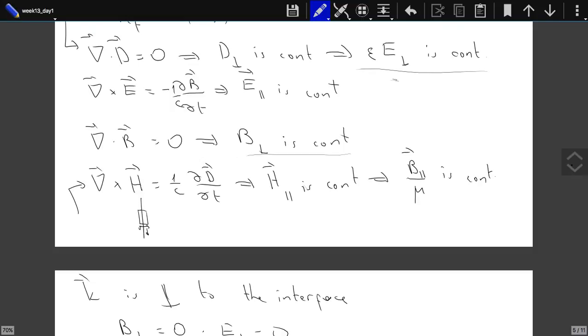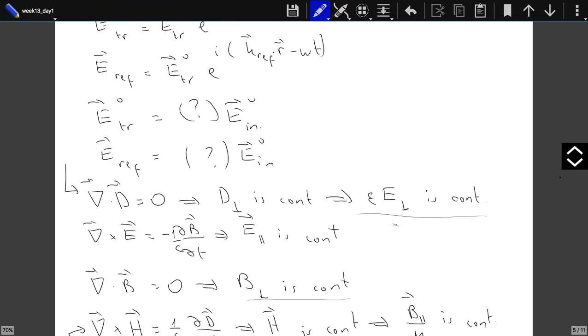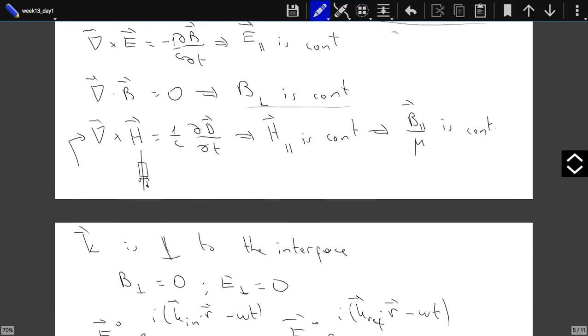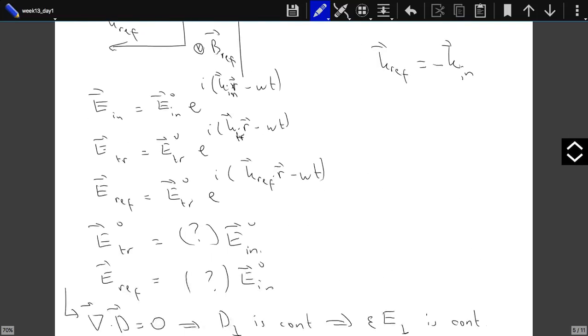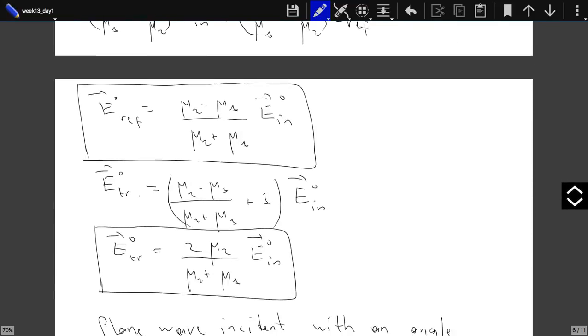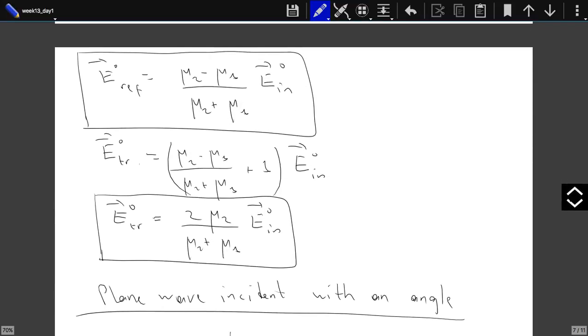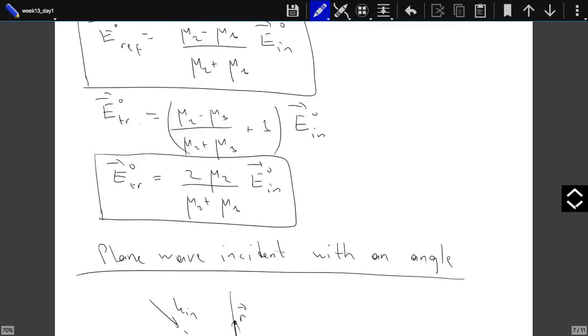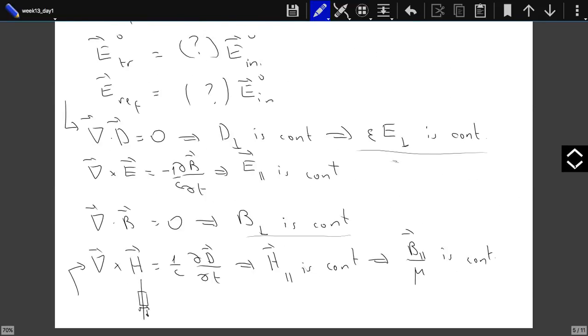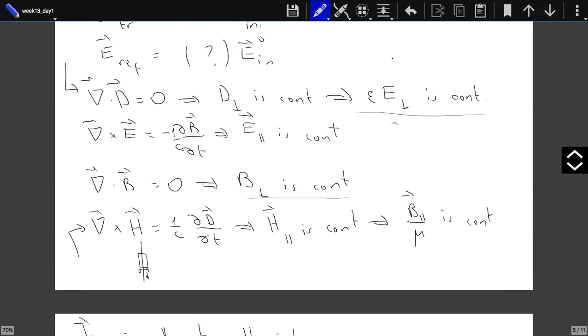Well, we got three equations. Because we need two of them, since we have two numbers. And one tells us... well, the problem is we know the angles, and in terms of the amplitudes of these plane waves, we have three conditions. Well, this condition doesn't really give us anything because E perpendicular is already 0 on both sides of the interface.